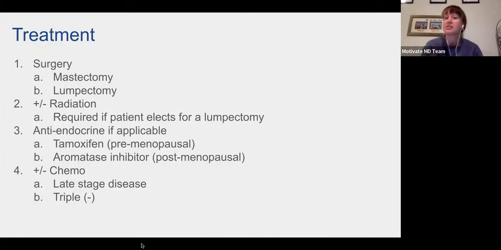And then lastly, of course, is chemotherapy. When people hear cancer, they almost immediately think chemotherapy. But for breast cancer, we actually rarely use chemotherapy nowadays. The indications for chemotherapy are things like really late stage disease. So somebody who has metastases needs a systemic therapy like chemotherapy, or if somebody has what we would call triple negative breast cancer.